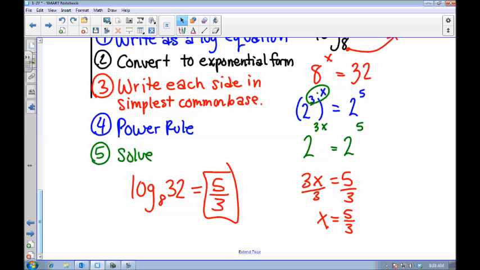Okay, let me explain your homework. Would everyone open your books, please, to page 332, so you can visually see what we're doing for homework. Page 332.